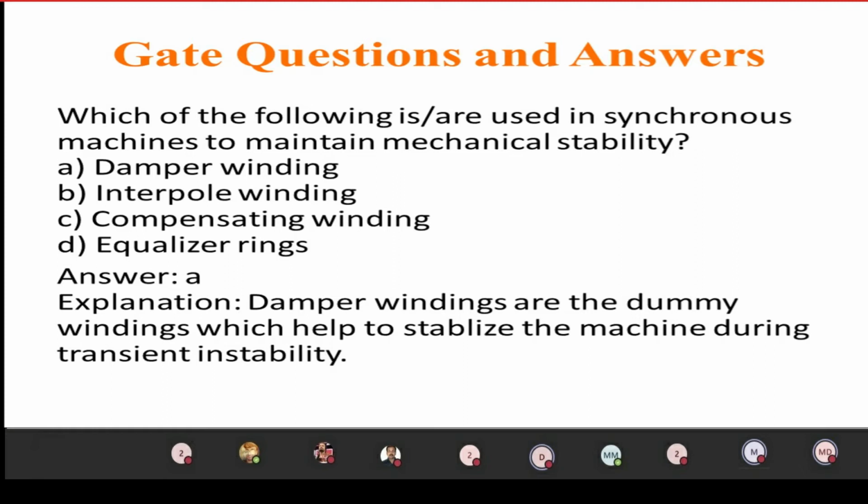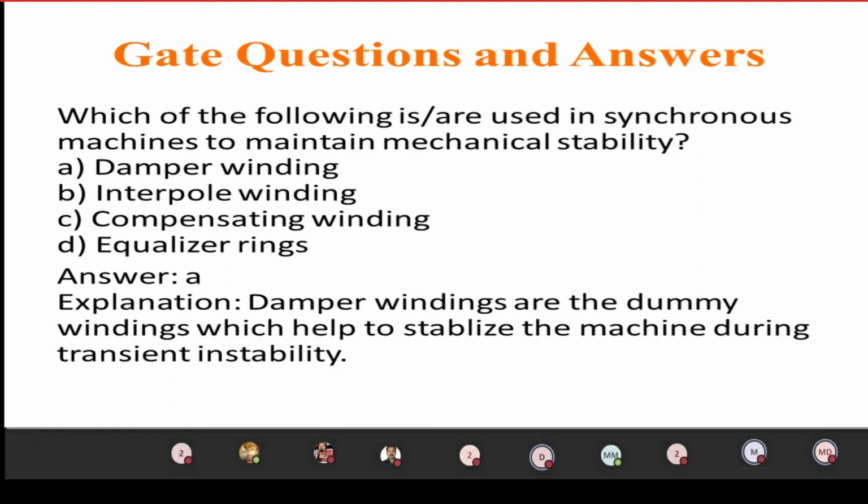The machine converts mechanical energy into electrical energy, so when electrical energy is suddenly absorbed, mechanical energy is absorbed from the machine.